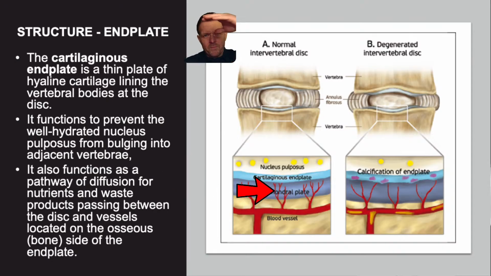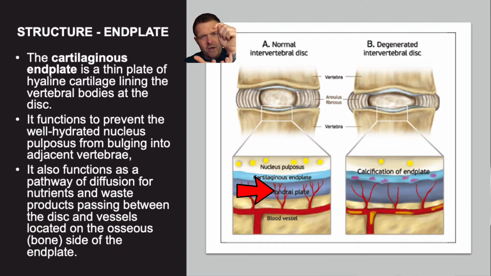However, because of the axial load, so the load coming up from the bottom and from the top onto a disc, one of the places that a disc will usually herniate is inferiorly or superiorly, so up or down, because the vertebral bodies are on top of them.